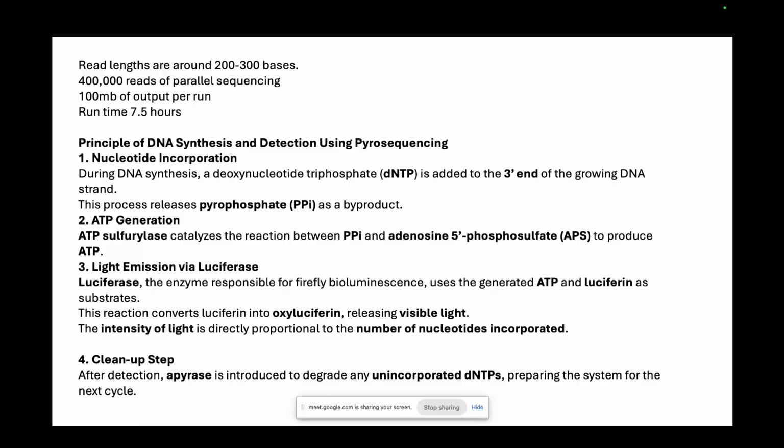The signal will go up, but the intensity of the signal will determine how many bases are there, because the signal is the same for all the same nucleotides. Whether it's an A or a T or a G or a C, if there are repeats of the same nucleotide, the signal is the same. It's the intensity of the signal which will directly tell you how many bases are there in one repeat unit.